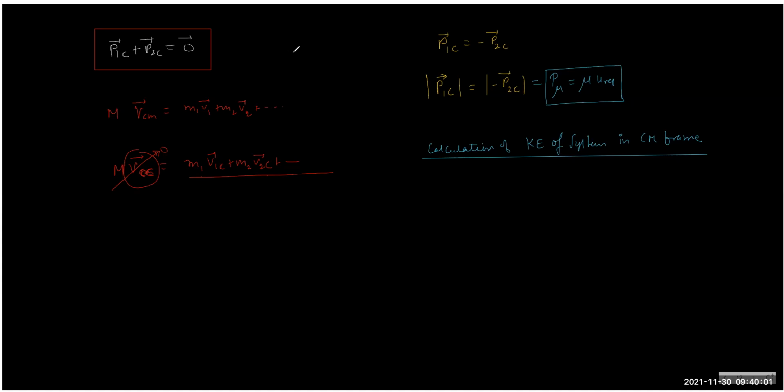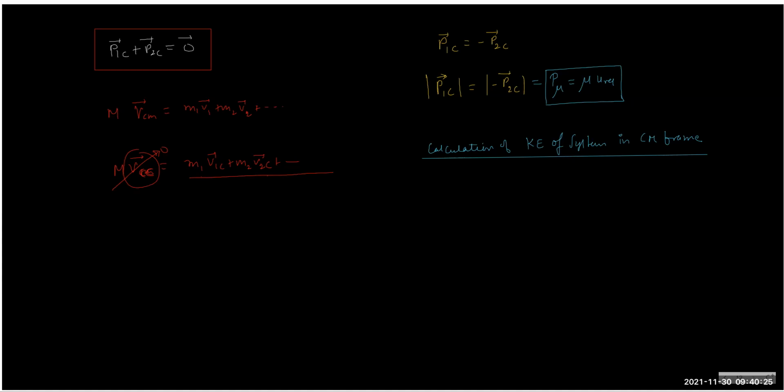Why? Because center of mass velocity can only be changed by an external agency. Internal collision of particles will never change the velocity of the center of mass. So in a way, you can say that the kinetic energy which is carried by the center of mass will remain with the center of mass.